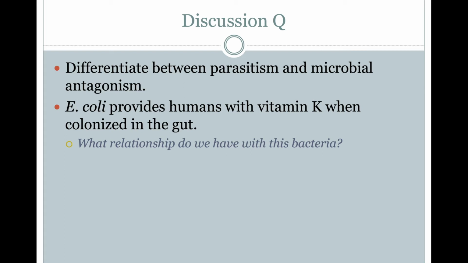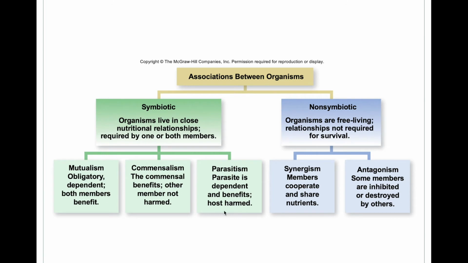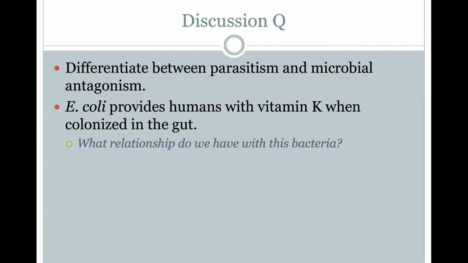So it does cost both parties in a competition relationship when they are competing for resources. So anyway, you can kind of go back and forth between these things. We're talking about parasitism and antagonism, and we'll talk about this a lot more in the lecture, about the similarities and differences between these two things.